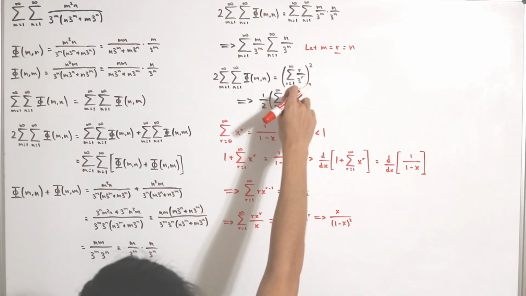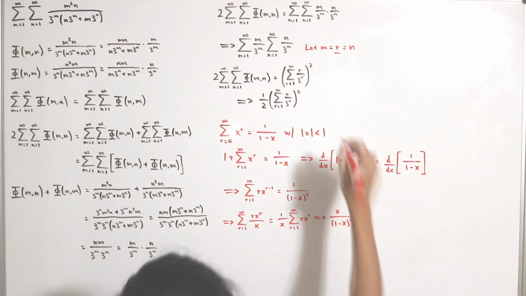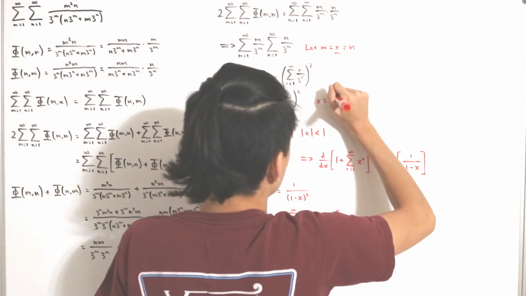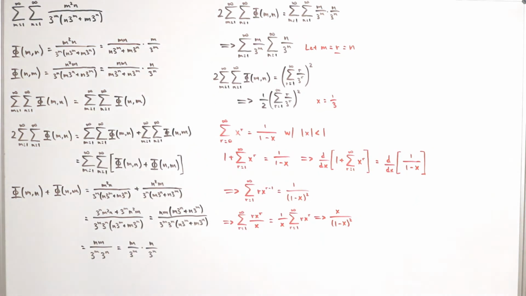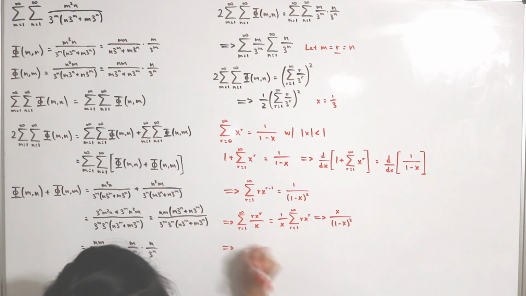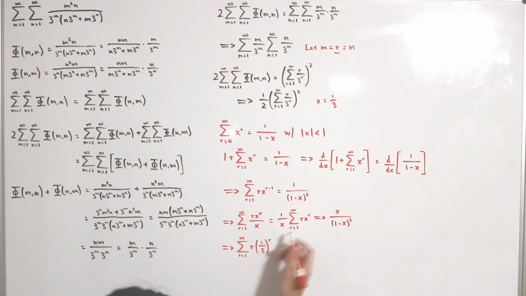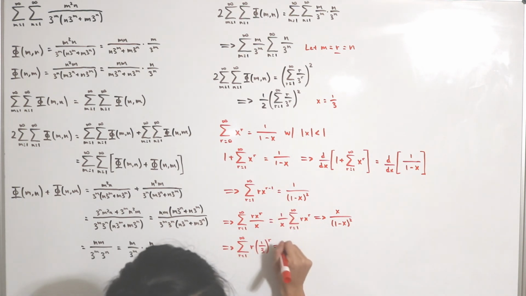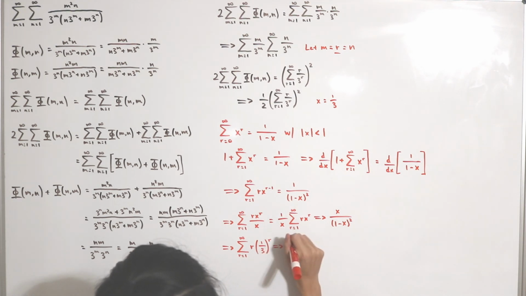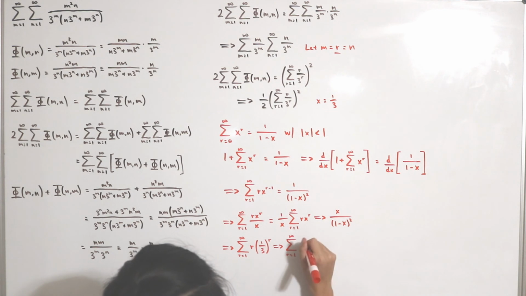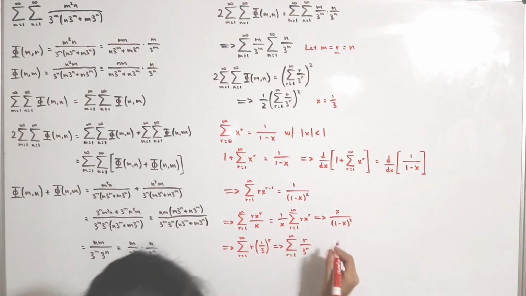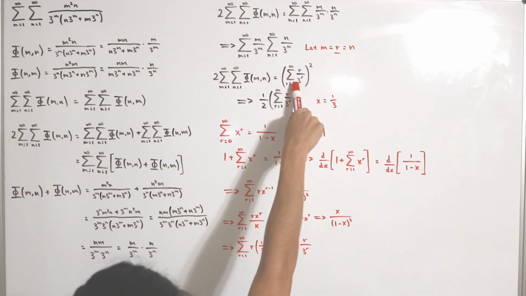So suppose we let x equal 1 over 3. Okay, so we have that. Now we can just substitute. When I plug in x equal to 1 over 3, we have r times 1 over 3 to the r. That means 1 to the r is just 1, and then it's just 3 to the r. And we're getting exactly what we want, which is r divided by 3 to the r, which is what we're trying to compute.